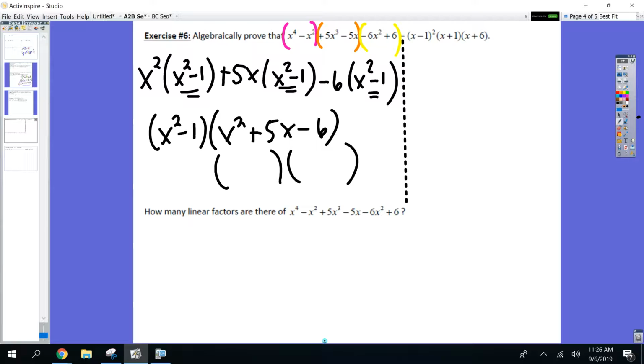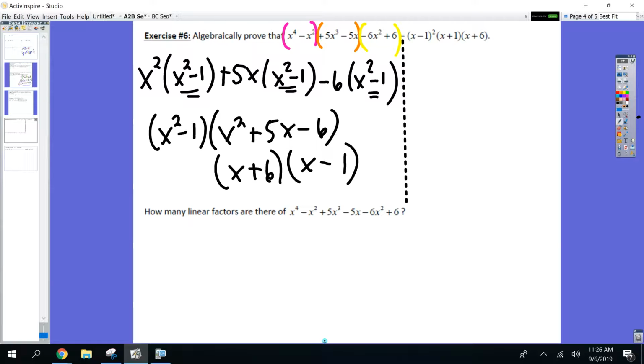I'm listening. Remember, multiply to negative 6, add to 5. You're going to put signs in front so they add to a 5 and multiply to negative 6. Nice job.